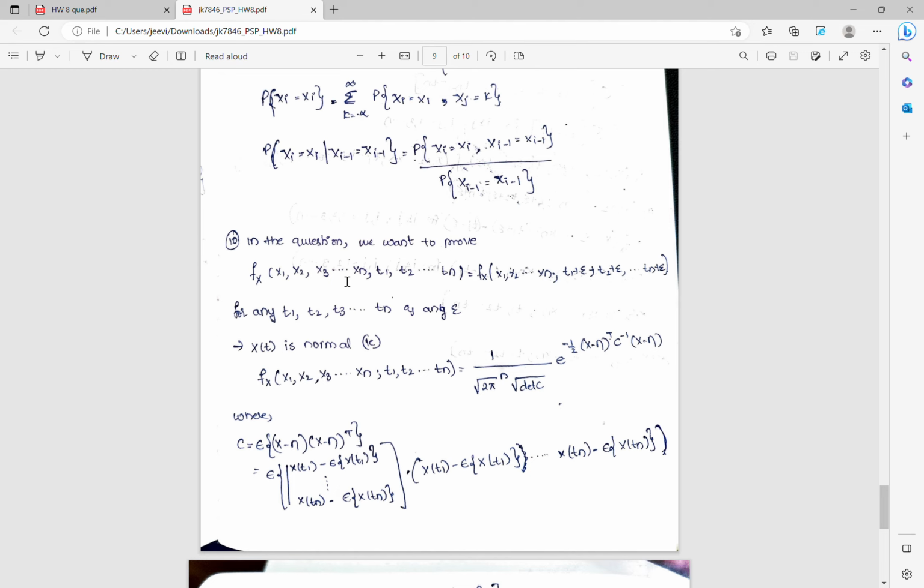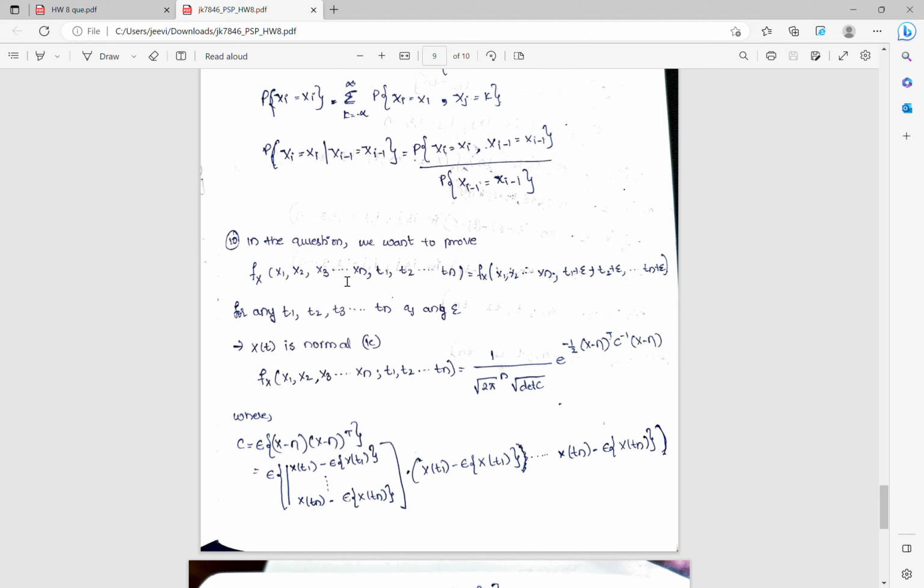The difference between wide sense stationary and strict sense stationary processes is that for wide sense stationary, the expectation of a process is a constant number and the autocorrelation R of t1, t2 should be the autocorrelation of t1 minus t2.